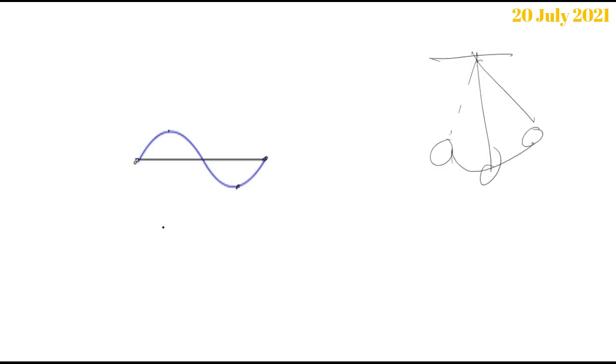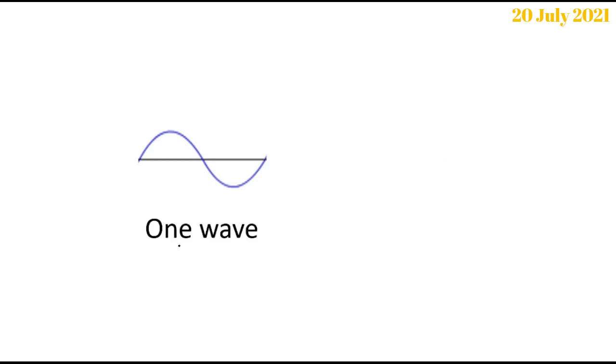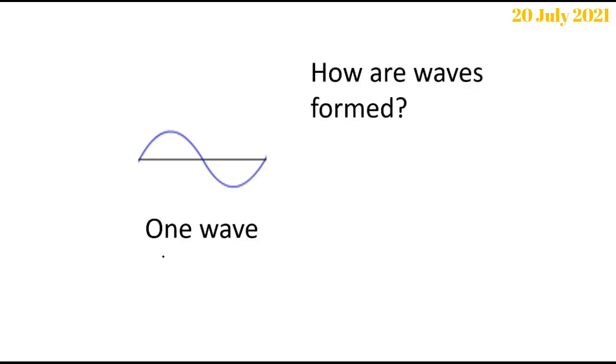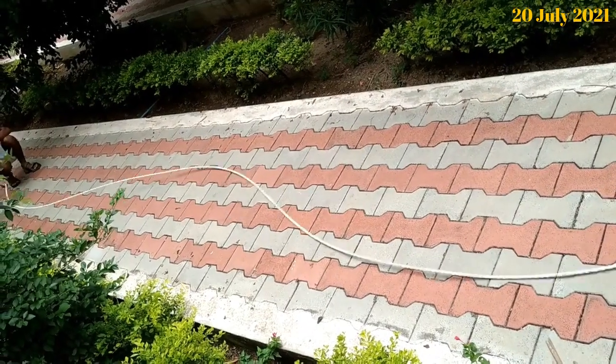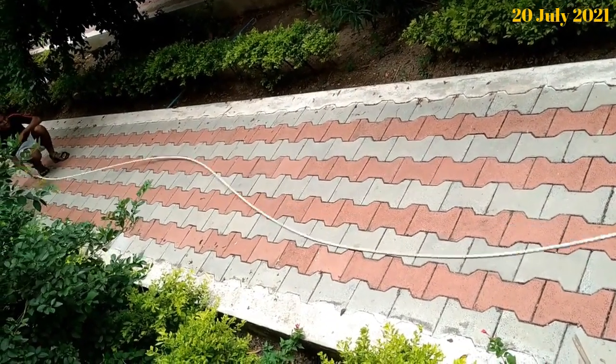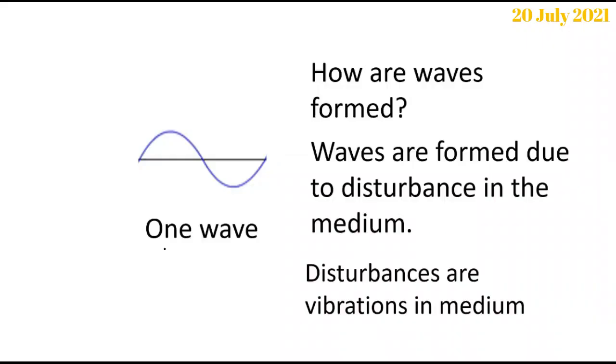But now here we call it one wave. Both are the same. And how are waves formed? Waves are formed because of disturbance in the medium. And what do you exactly mean by disturbance? Disturbances are the vibrations in the medium.